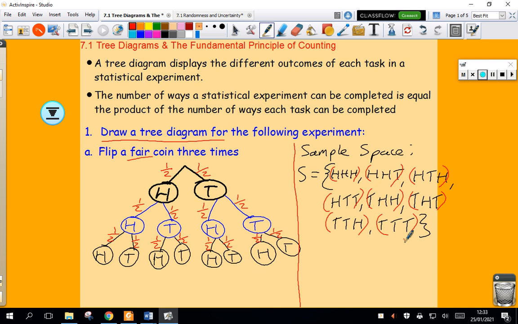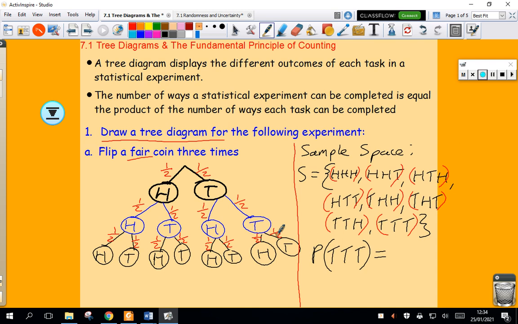Suppose I want to find the probability of one possible outcome. Suppose I want to find the probability that I get tails, tails, tails. Look at the notation. I just write P, TTT. We read that as P of TTT, or the probability of tails, tails, tails. Given that it's a fair coin, the probability of tails on the first is a half. It's still a half. What I can do here is, it's tails on the first and tails on the second and tails on the third.